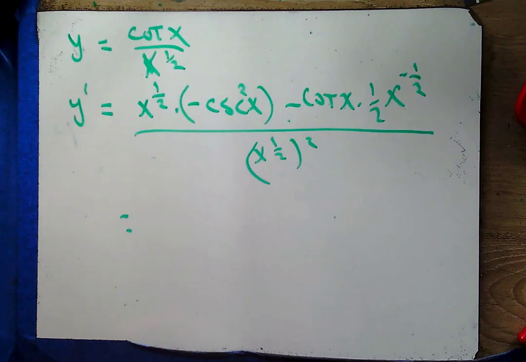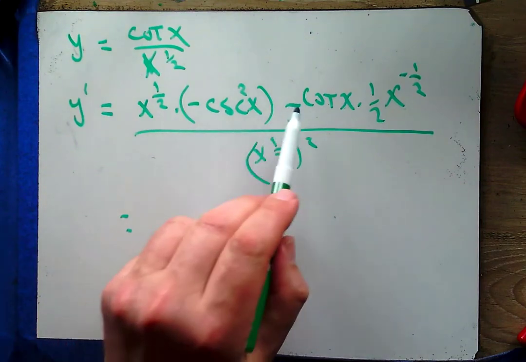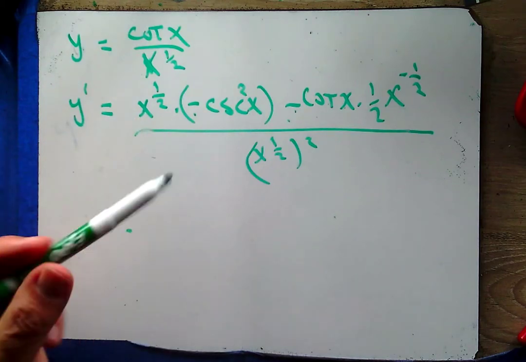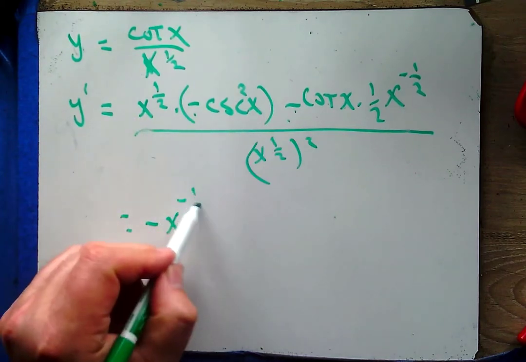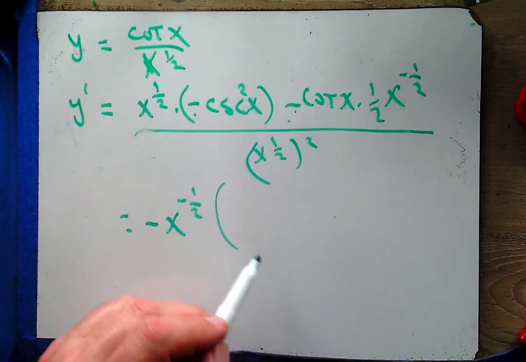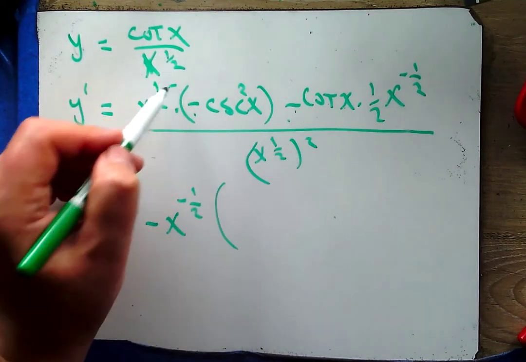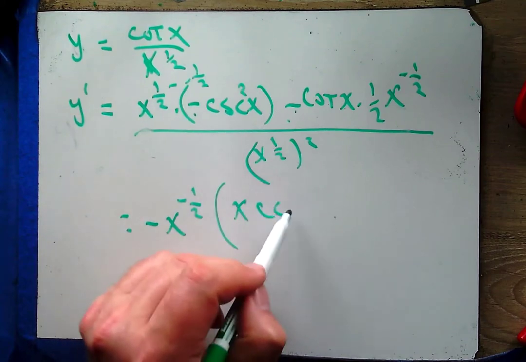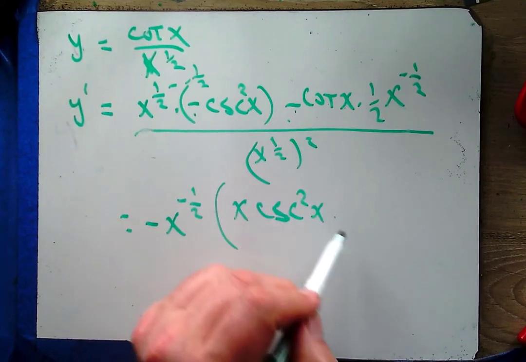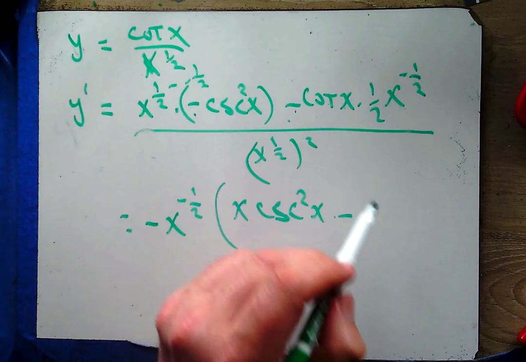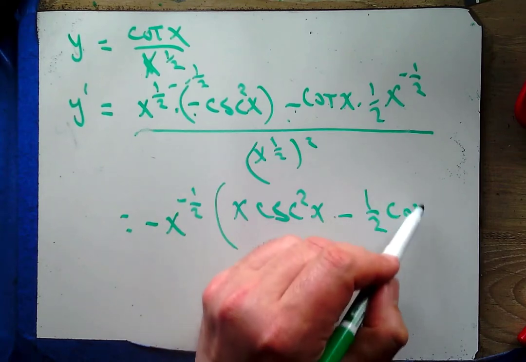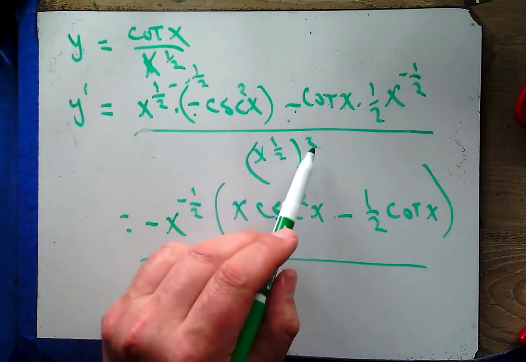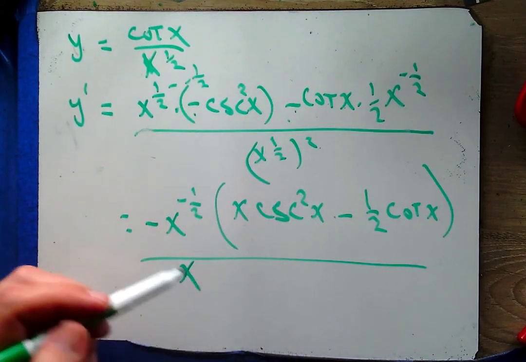So, if I do some factoring here, I can take out a negative, and I can take out x to the smaller power, so negative x to the negative 1/2. And what am I left with? Well, when I factor negative 1/2 out there, I get just x cosecant squared x minus 1/2 cotangent x, all over x to the 1/2 squared, which is going to be x.